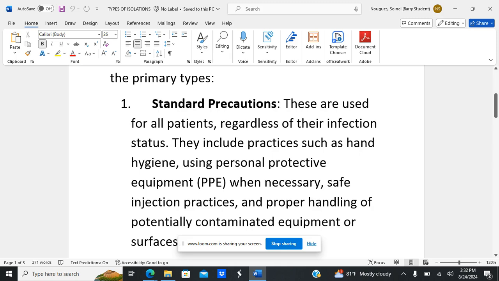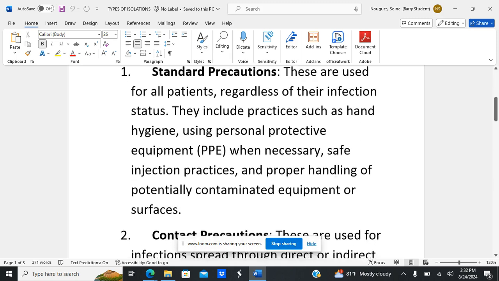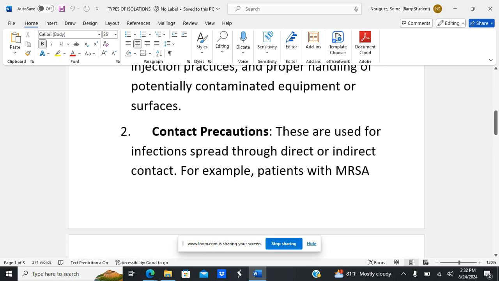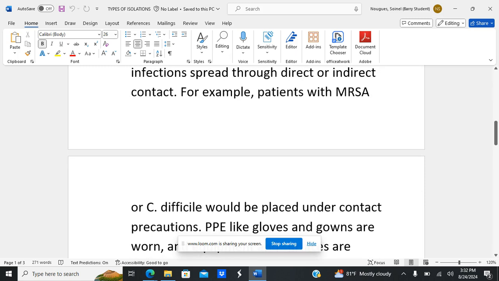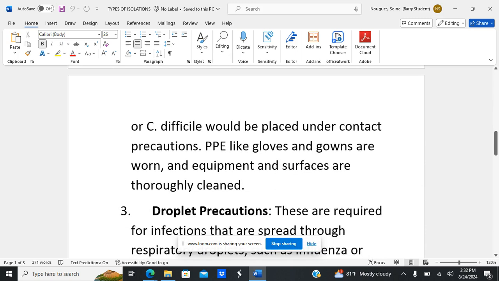You should know the difference between standard precaution and contact precaution. Contact precaution, as the name sounds, contact. You are close to the patient, very close. So you need to know the differences between those two things.